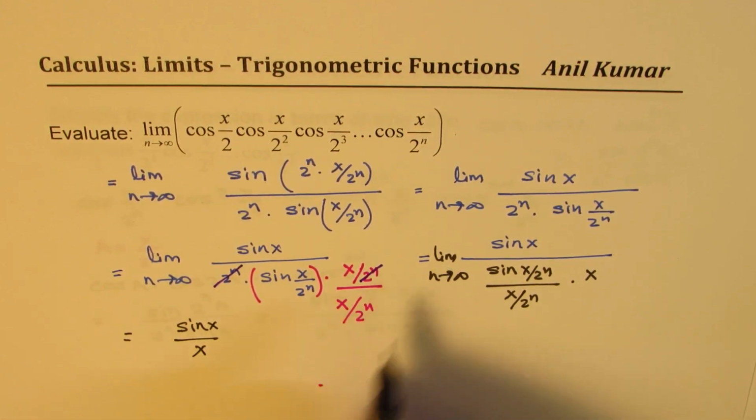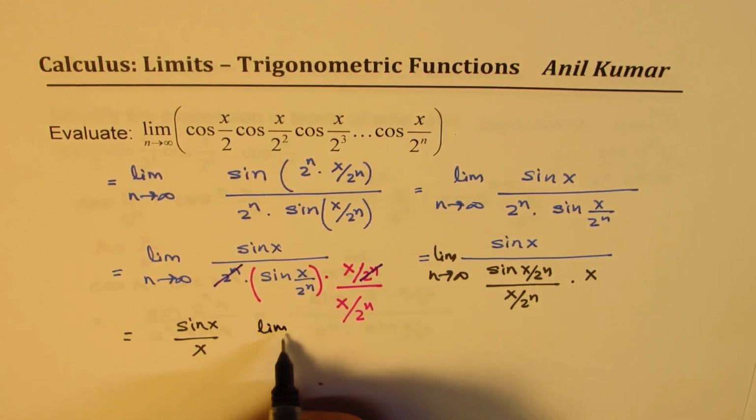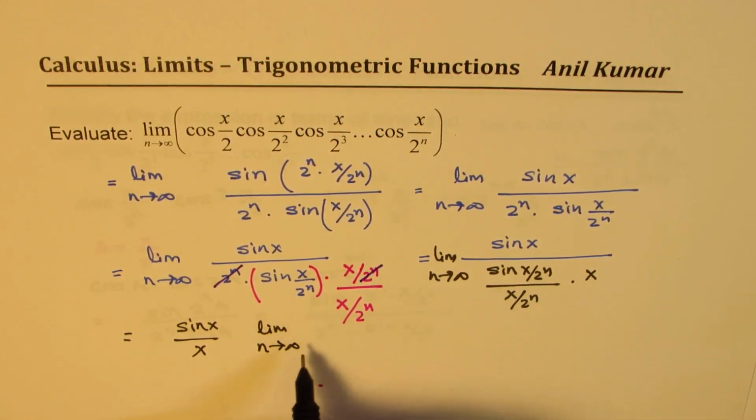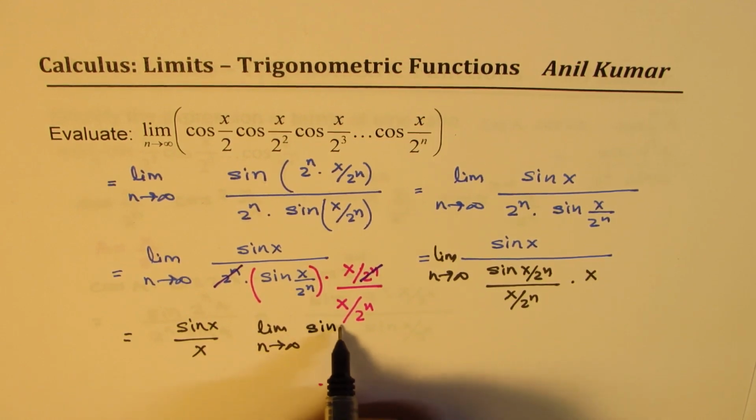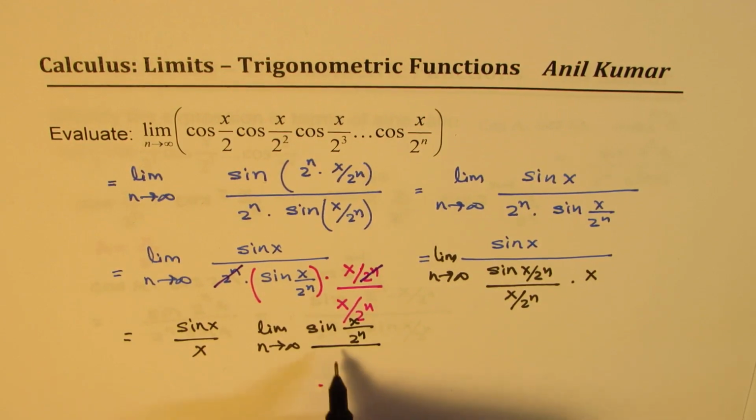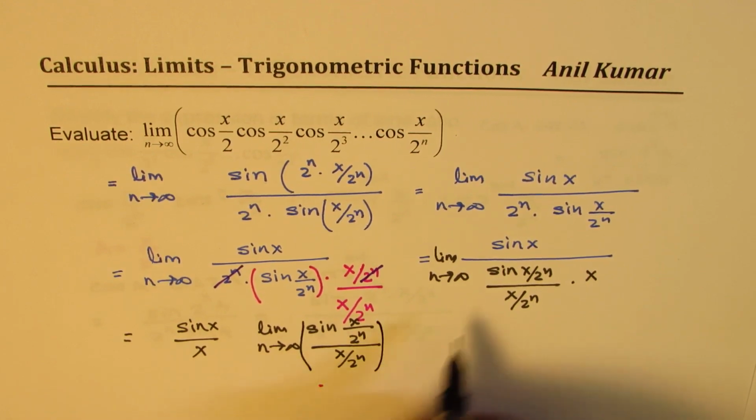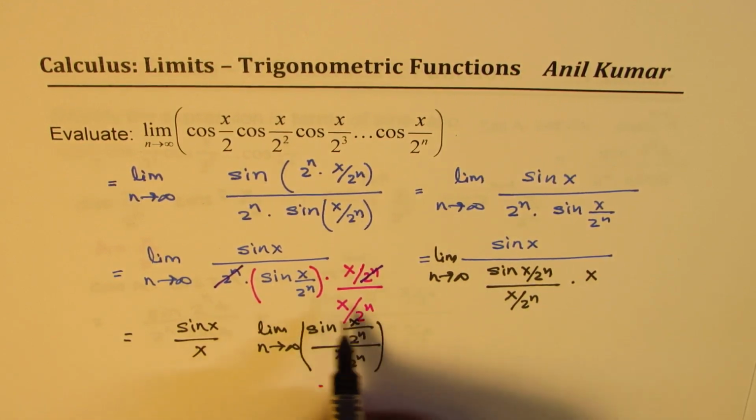This is independent of n, and we get limit when n approaches infinity for what? For sine of x over 2 to the power of n over x over 2 to the power of n, right? And the numerator, we have 1.